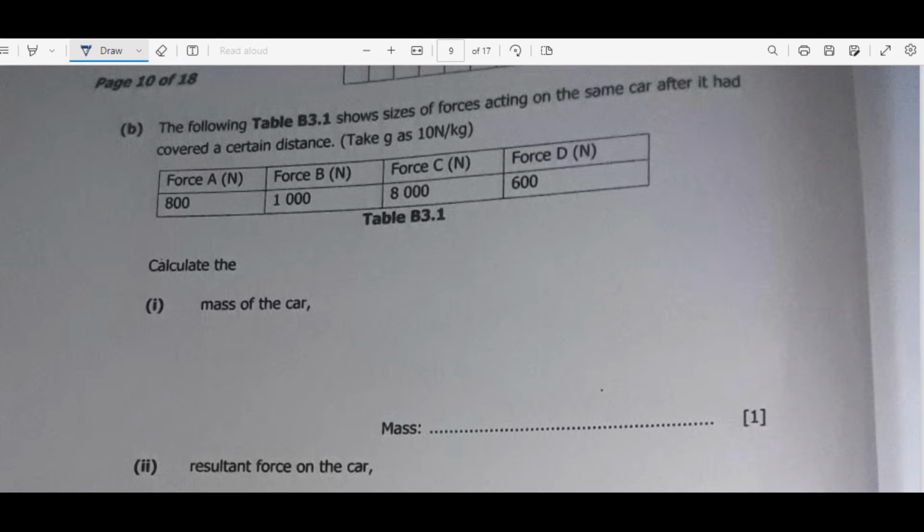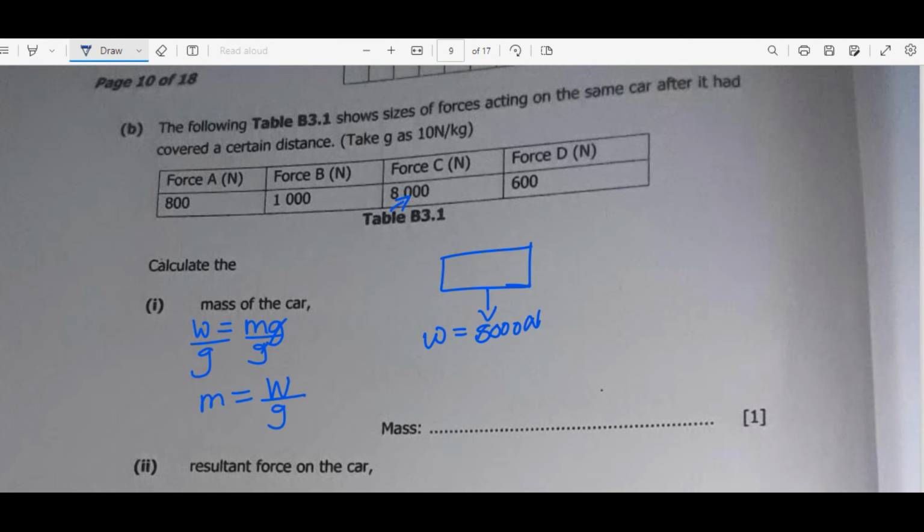So remember, we have the weight of this particular vehicle. So the weight, which is force C, if you go back, is 8000. So how can we find the mass using weight? We know that the formula for weight is equal to mass multiplied by gravity. So if we divide by gravity, also here by gravity, mass is equal to weight over gravity.